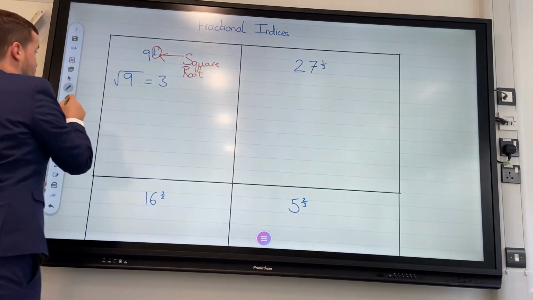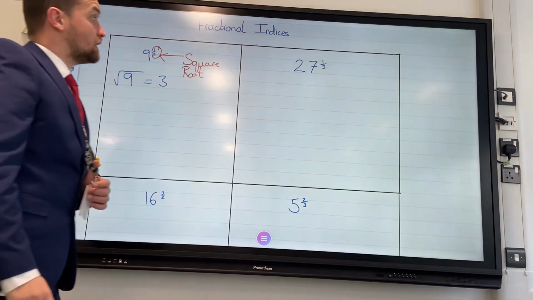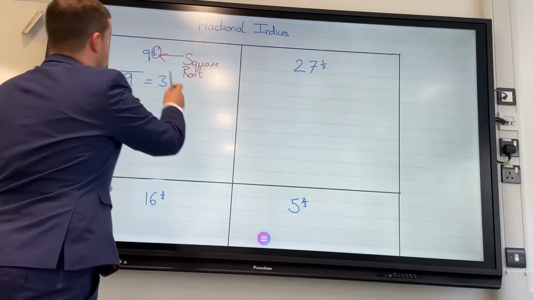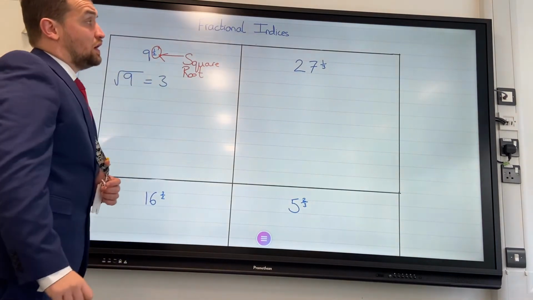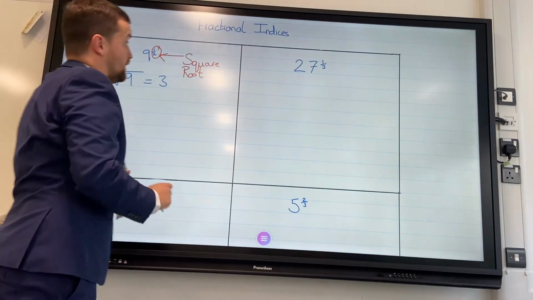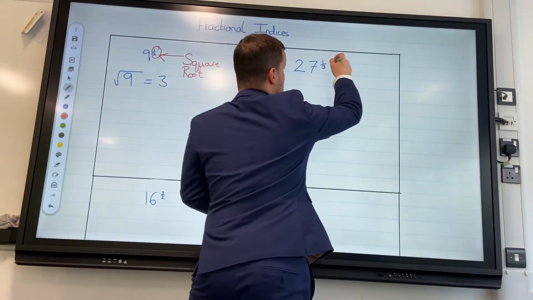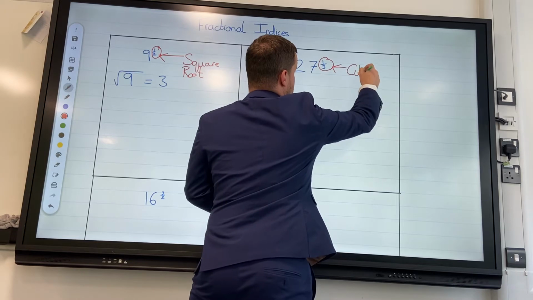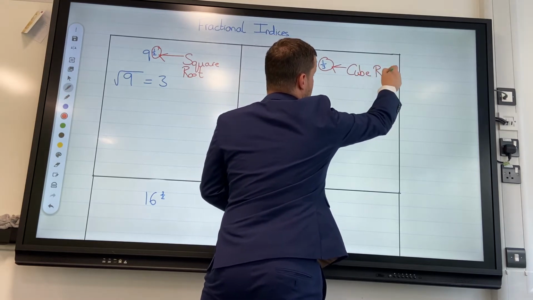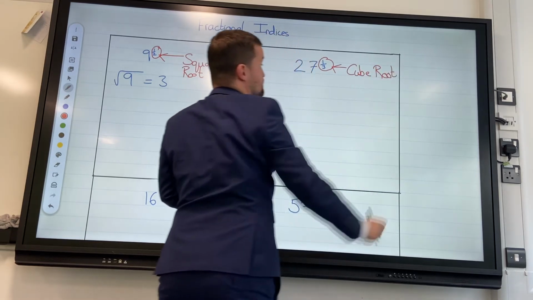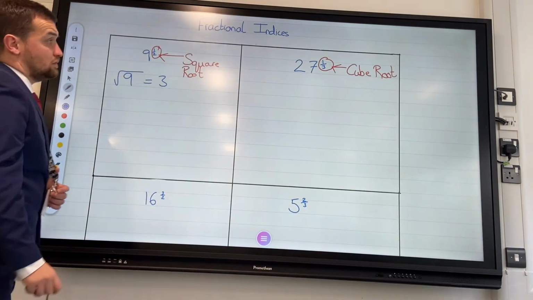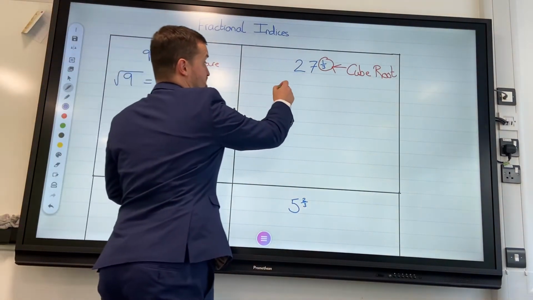If we look at the next one, 27 to the power of a third: if that was square root, the other one, when there's a 3 on the bottom, is a cube root. So what you're looking for is a number that you multiply by itself 3 times to get 27.